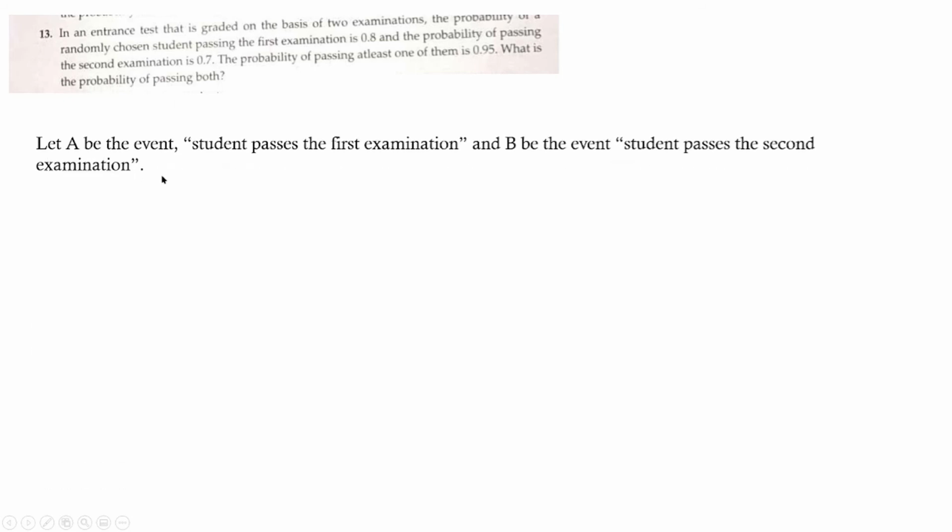So let us take, let A be the event student passes the first examination and B be the event student passes the second examination. So it is given P of A is 0.8, P of B is 0.7 and P of A union B is 0.95.